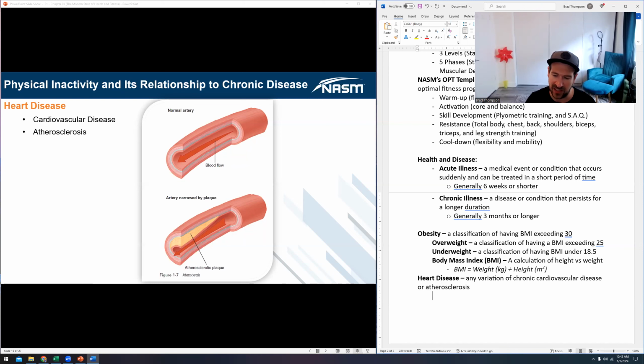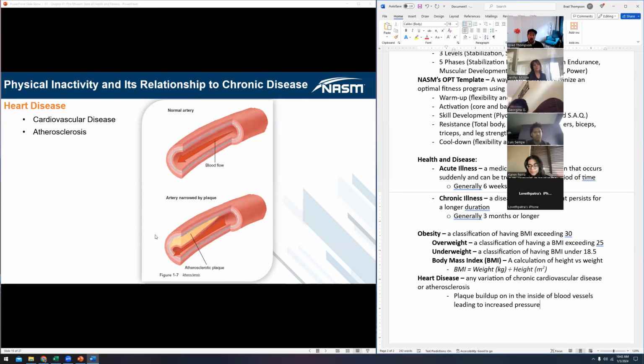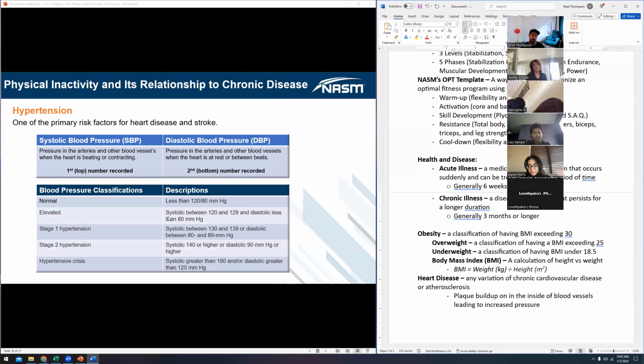And so we will see a lot of times plaque build up on the inside of blood vessels, leading to increased pressure. And that will obviously cause decreased performance.